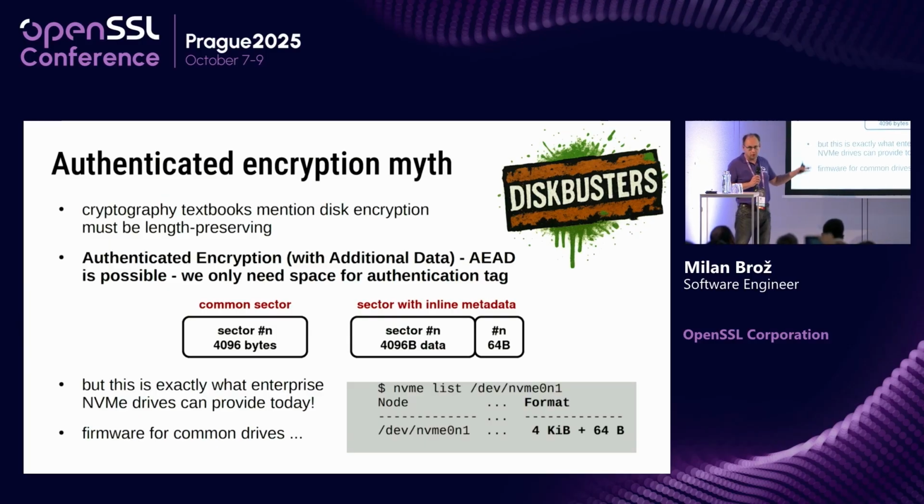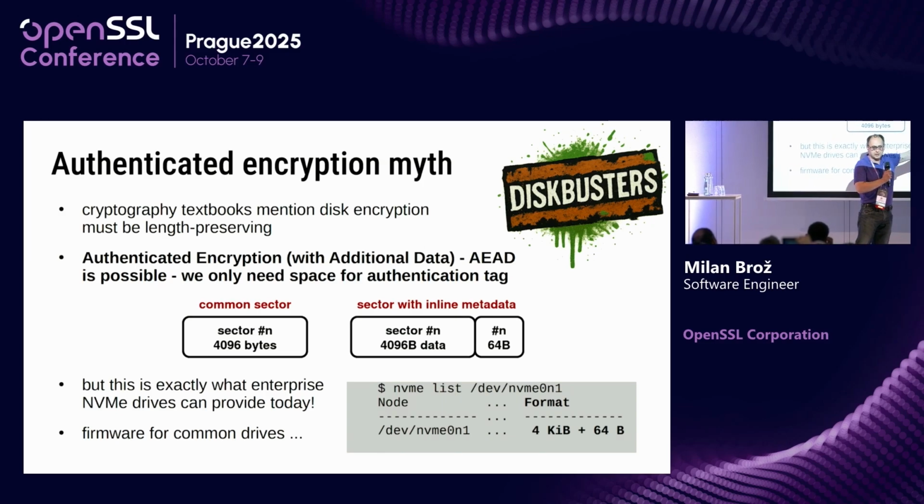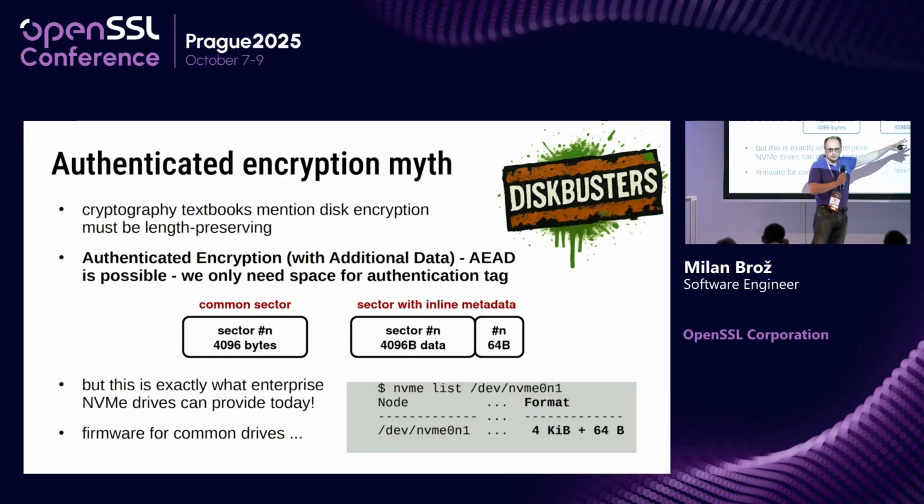That's not true anymore. NVMe disks today, enterprise disks, already provide something like this. You have some sector, typically 4 kilobytes, and you can reformat it to 4 kilobytes plus some additional data, and this is processed automatically. So it's only a problem of the firmware.